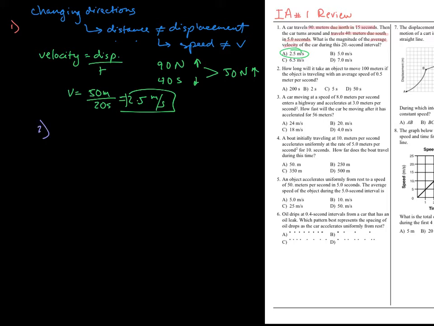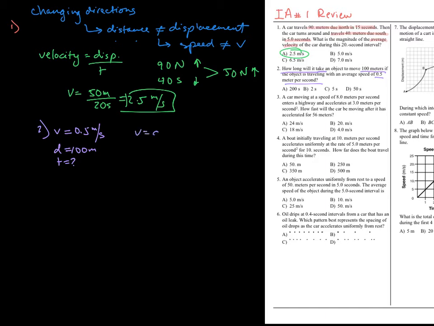Alright, number 2. How long will it take an object to move 100 meters if the object's traveling with an average speed of 0.5 meters per second? So our speed here is 0.5 meters per second. Move 100 meters, so meters is a unit for distance. We're looking for how long will it take? That's time.